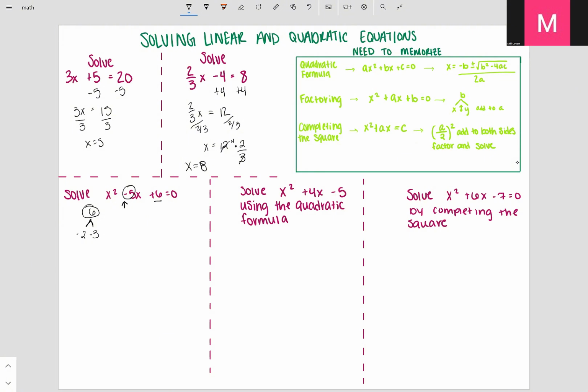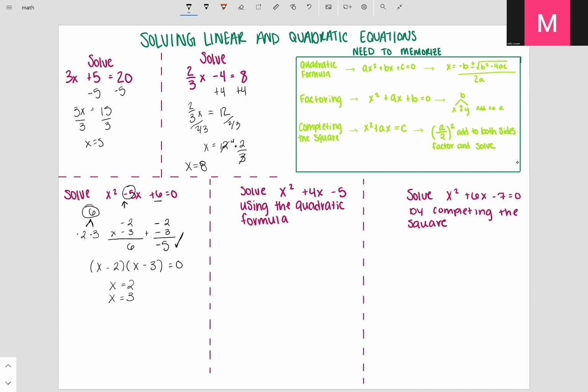Make them both negative, because -2 times -3 equals 6, and -2 plus -3 equals -5. So there we go. Then we'll have x minus 2 times x minus 3 equals 0. So x equals 2 and x equals 3.